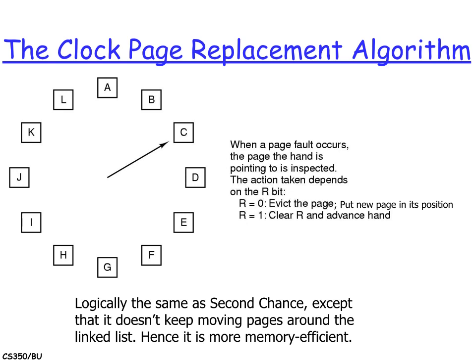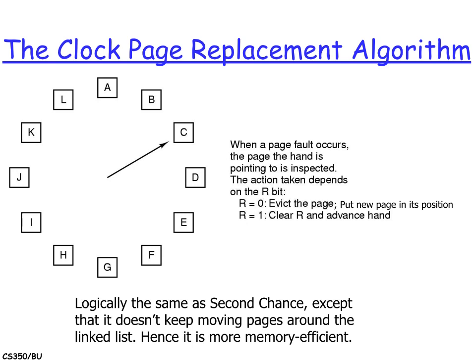So instead of moving pages around in a linked list, what we do is we arrange all the pages in a circular linked list, right? By organizing them in a circular linked list or a circular array, for example, all you do is you keep a pointer, which in this figure represents the hand of a clock.